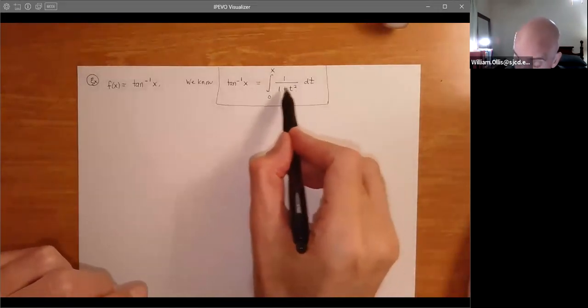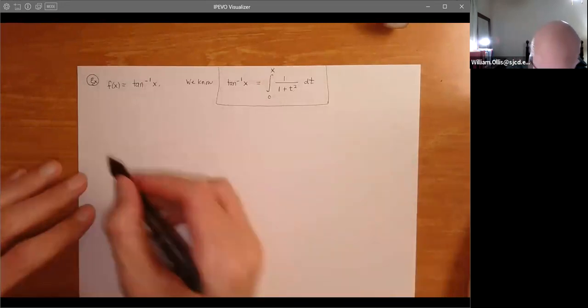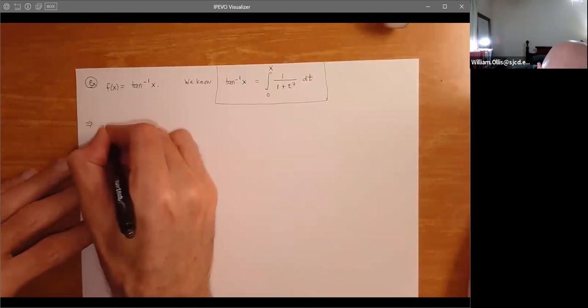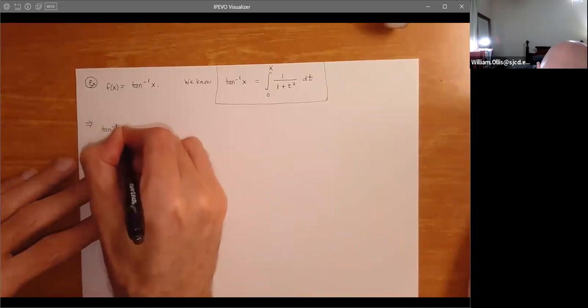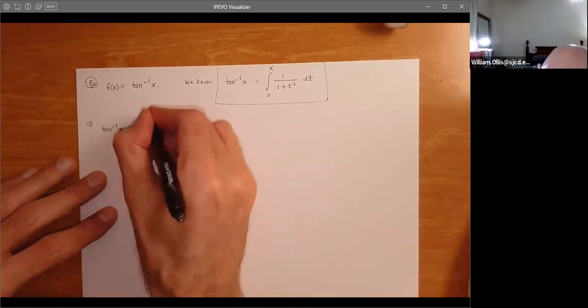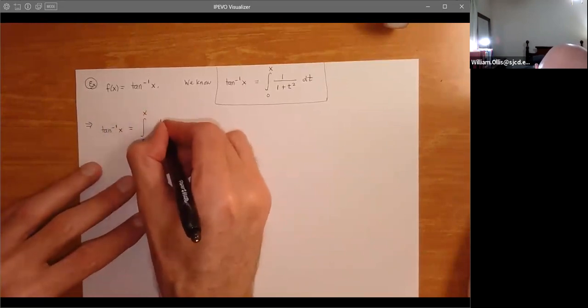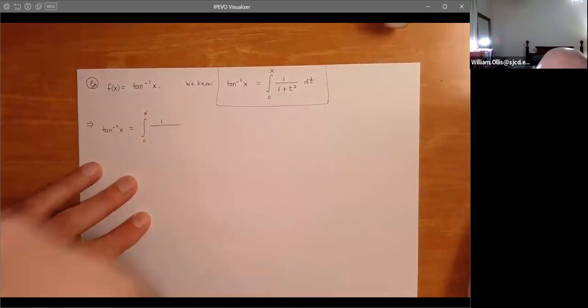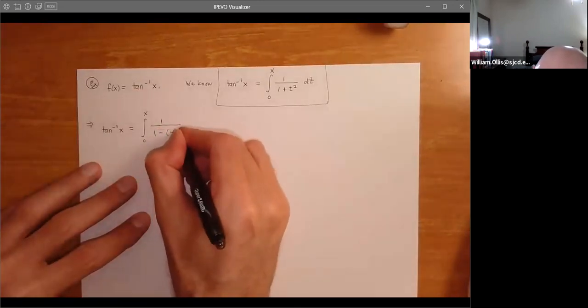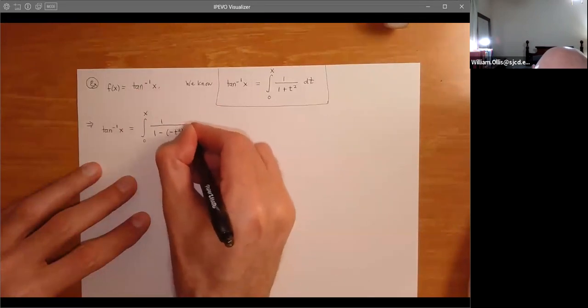Now we can say, all right, this is geometric, use the same technique. So this implies inverse tangent of x will now be the integral 0 to x. And so let's do the same song and dance. Don't have to work hard this time. So we have 1 minus negative t squared.